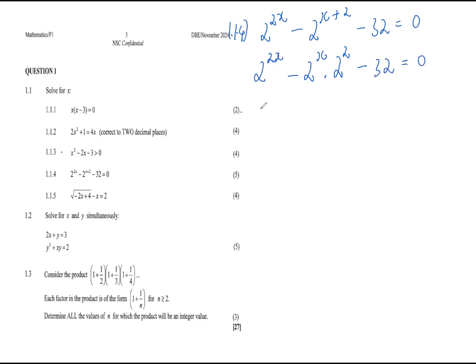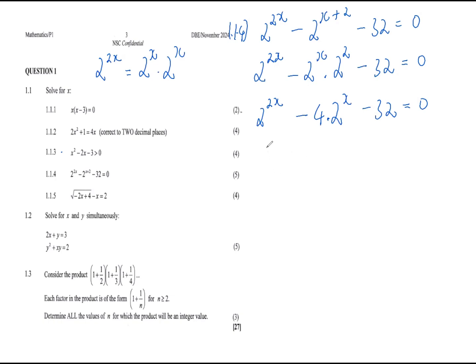Now 2 to the exponent of 2, we know that this will have to give us what? 4. So I'll just write 4 here in front, and then 2 to the exponent of x. So I didn't change anything, only the format. I just started with the coefficient here, then followed by that. Now at this point, I can just factorize this. Remember, I know that 2 to the exponent of 2x is the same as having 2 to the exponent of x and another 2 to the exponent of x.